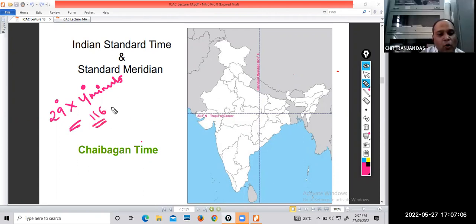Which is almost close to 120 minutes, and 120 minutes is around 2 hours. So what is the time difference between the Rann of Kutch and Arunachal? Around 2 hours.